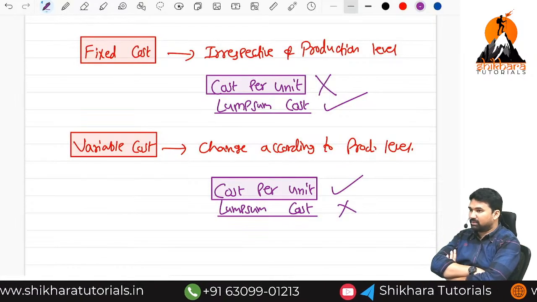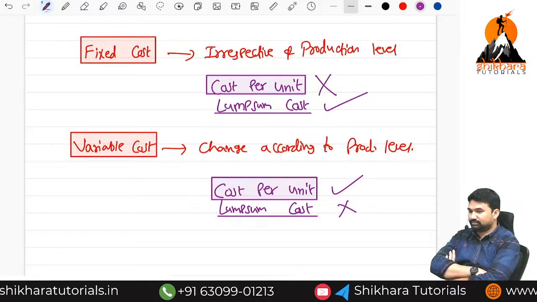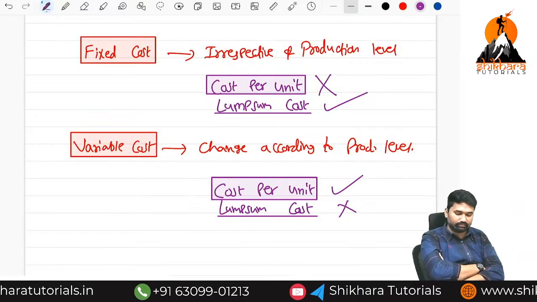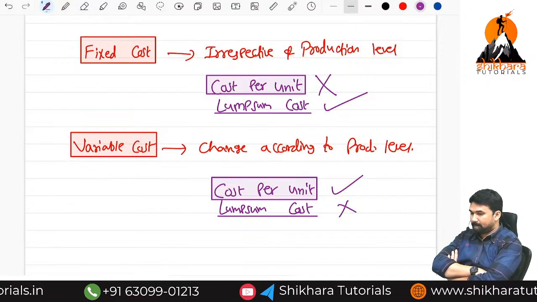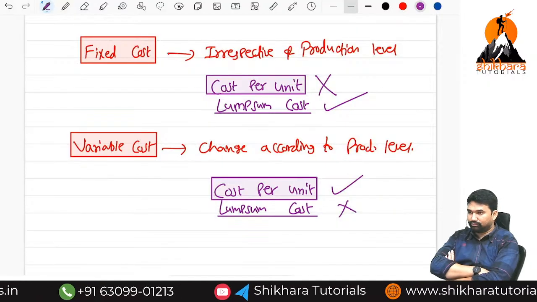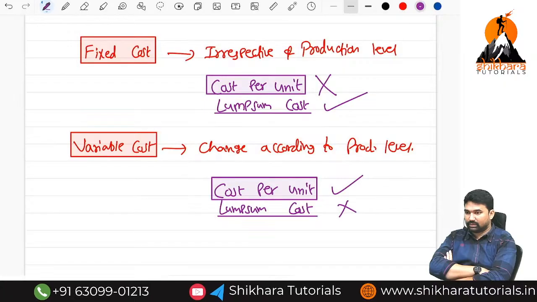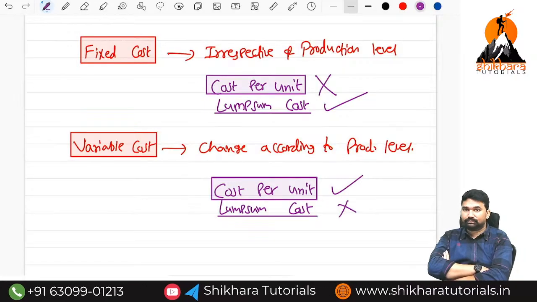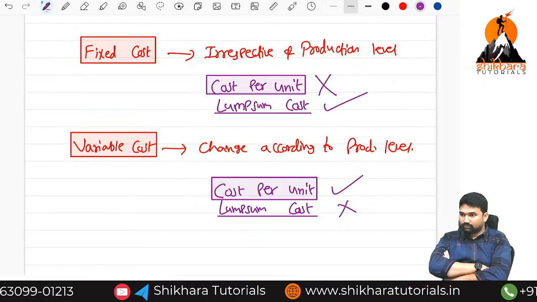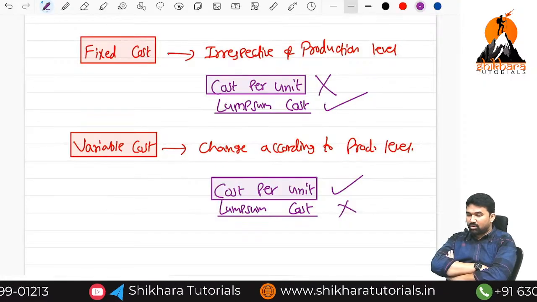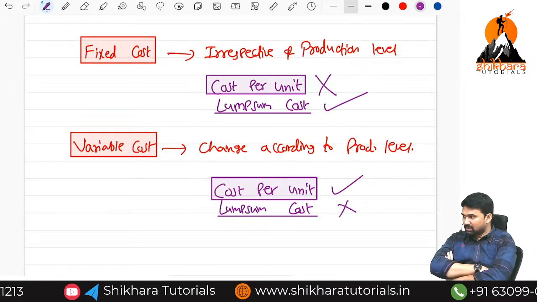Very, very important. Okay, shall I proceed with the example?